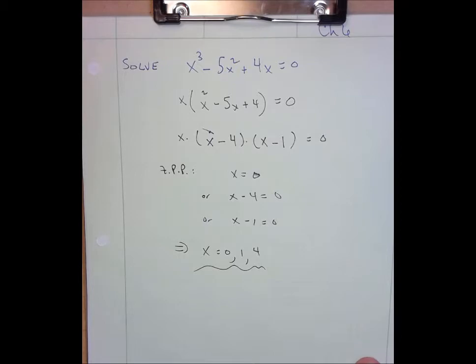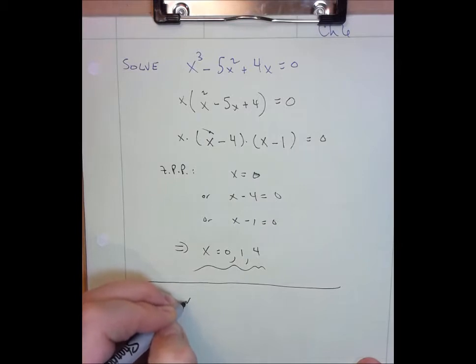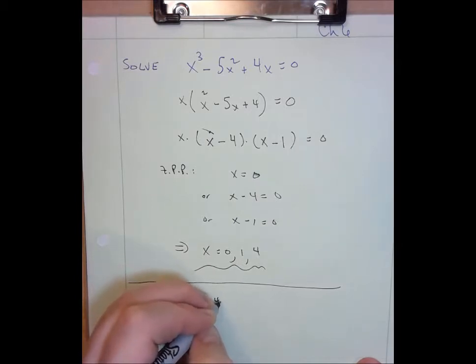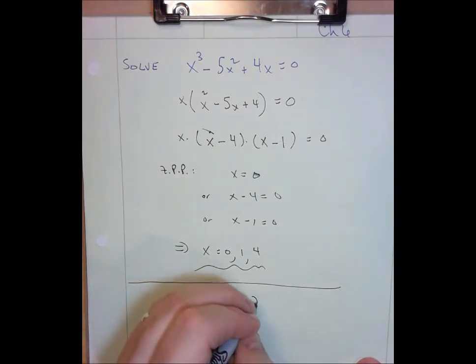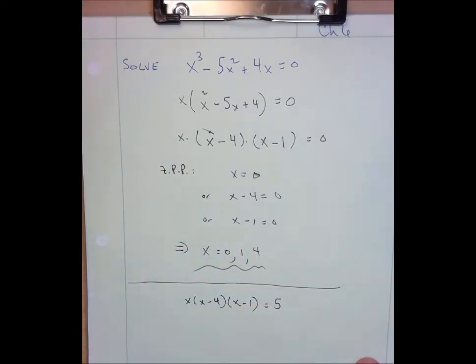Now, it's tempting to extend this zero product property into places where you shouldn't. This is a very common mistake. So just as a for instance, let's say I was solving an equation which had the exact same left-hand side, but instead of equals 0, it's equals 5. You cannot then make a list that says, well, then either x is 5, x minus 4 is 5, or x minus 1 is 5.